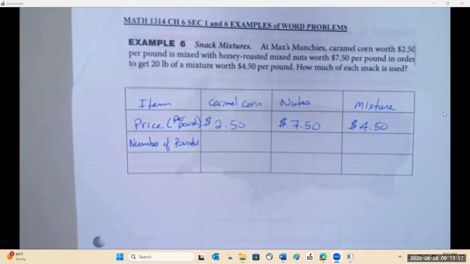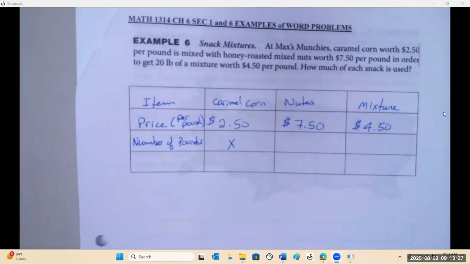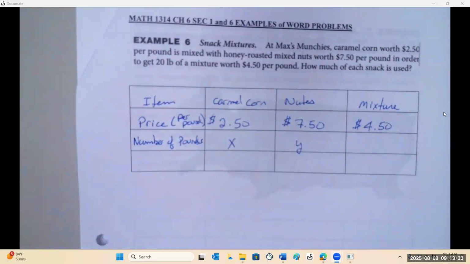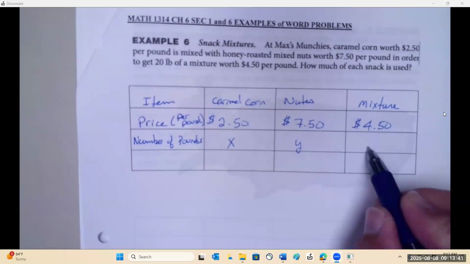How much of each should I use? Do we know how much caramel corn we need? No, so we call that x. Do we know how many pounds of mixed nuts we need? No, we'll call that y because we have two different variables because we have two different items. How much should the mixture weigh? 20.